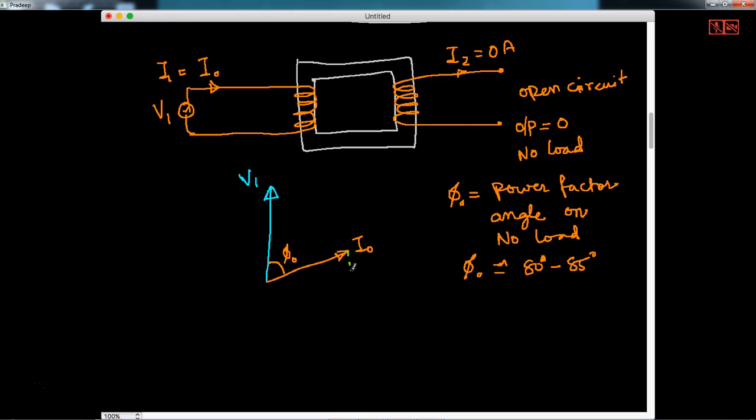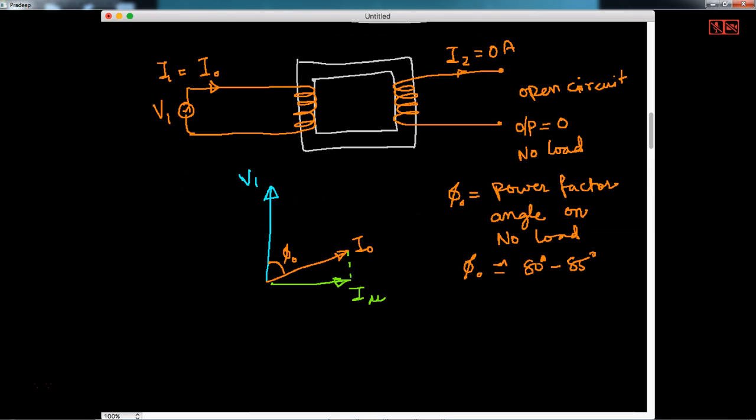So if I take the horizontal component, then the horizontal component is called I mu. And if I take the vertical component, the vertical component is called IW. Now notice that this voltage and this IW working component, they are in phase.